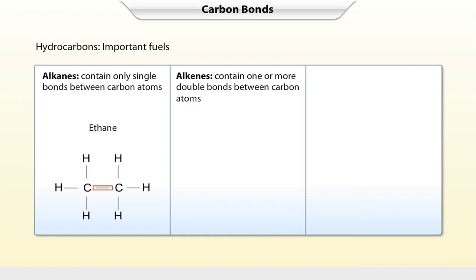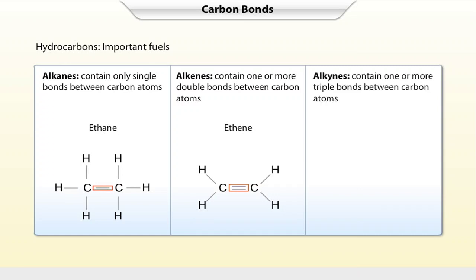Hydrocarbons that contain one or more double bonds between carbon atoms are called alkenes. For example, ethene has a double bond between the carbon atoms. Hydrocarbons that contain one or more triple bonds between carbon atoms are called alkynes. For example, acetylene has a triple bond between the carbon atoms.